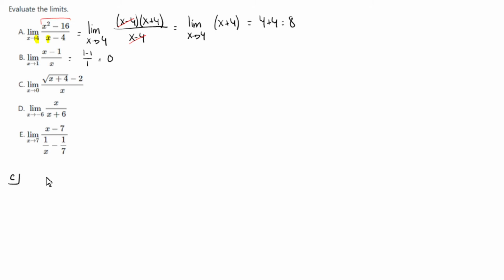So in C, we have the limit as x tends to 0 of the square root of x plus 4 minus 2 over x. We multiply numerator and denominator by the conjugate of the numerator, which is going to be square root of x plus 4 plus 2.